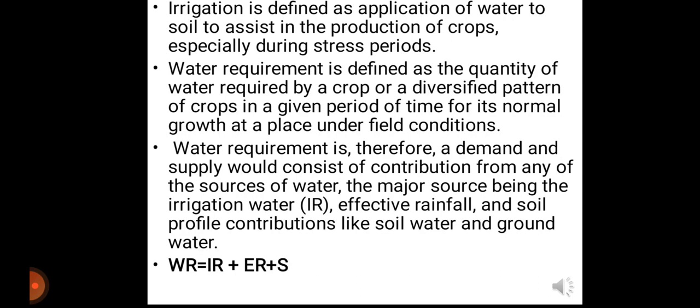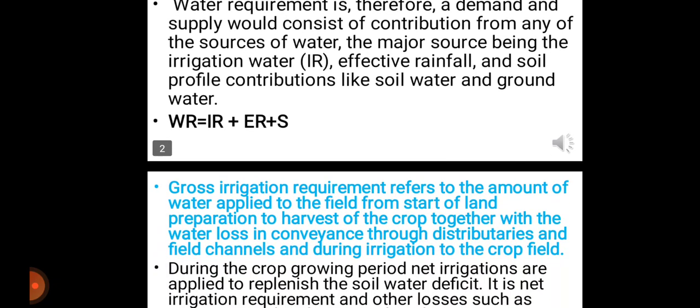So basically the formula of water requirement is: WR equals IR, irrigation requirement, plus effective rainfall plus soil profile contribution.